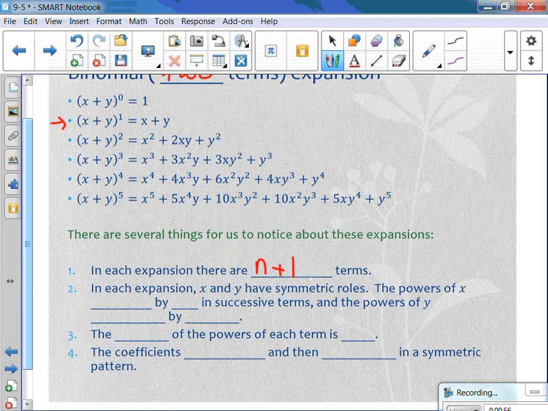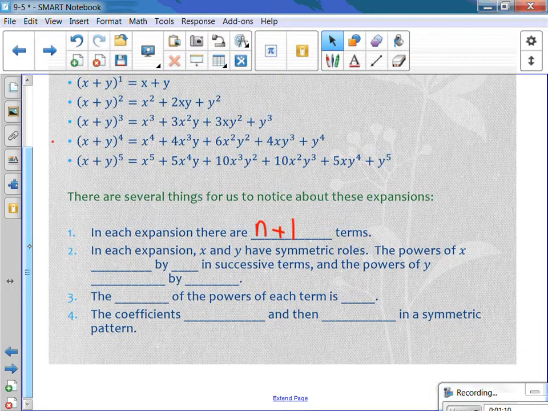Here with that first degree we have 2 terms. Here with our 4th degree we have 1, 2, 3, 4, 5 terms. This is true about all these, and we're going to have those n plus 1 terms. In each expansion, x and y also have symmetric roles.